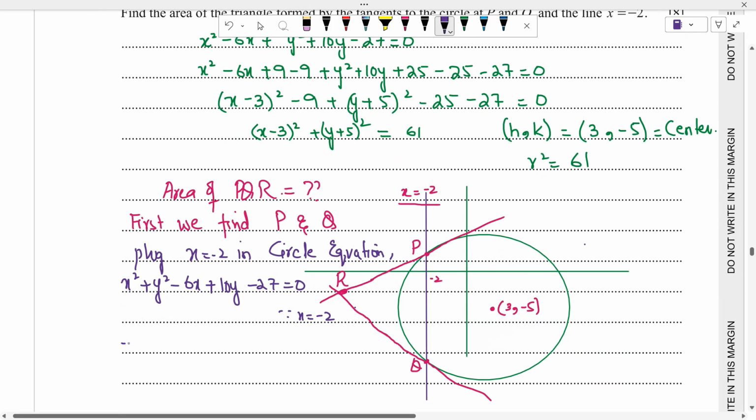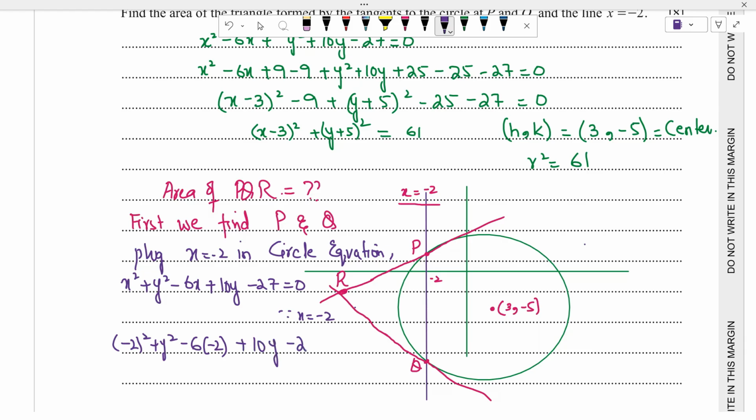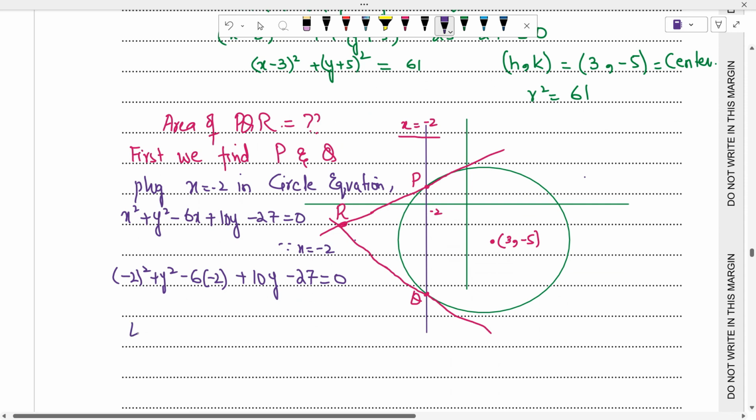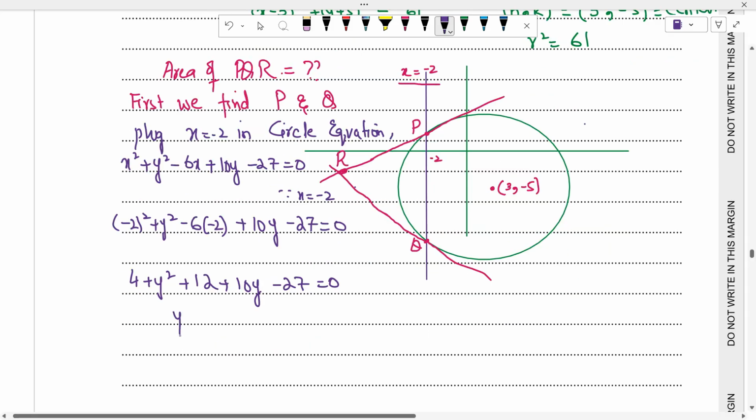So we will have (-2) squared plus y squared minus 6 times -2 plus 10y minus 27 equal to 0, and this is equal to 4 plus y squared plus 12 plus 10y minus 27 equal to 0. So we have the quadratic equation y squared plus 10y minus 11 equal to 0.